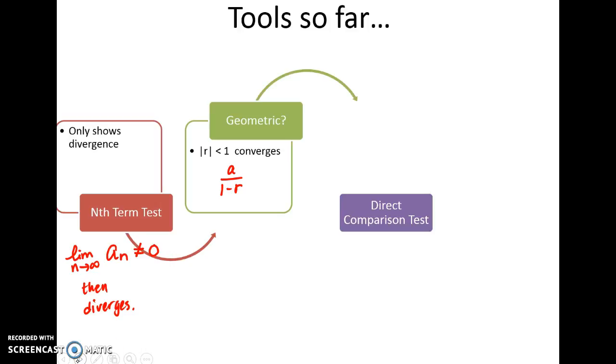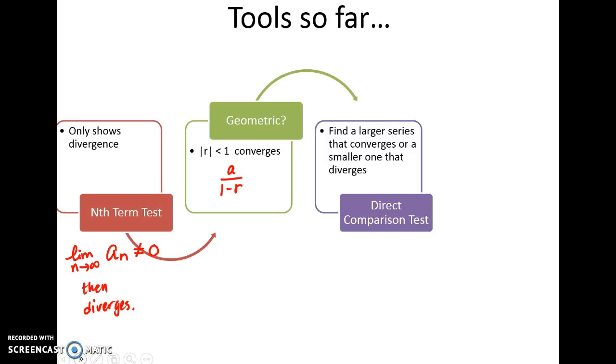From there, we have the direct comparison test, which means you have to find a larger series that converges or a smaller one that diverges. If you can do that, then you have the answer to your question about whether your series converges. The problem is that we don't have a lot of series to use for direct comparison yet.